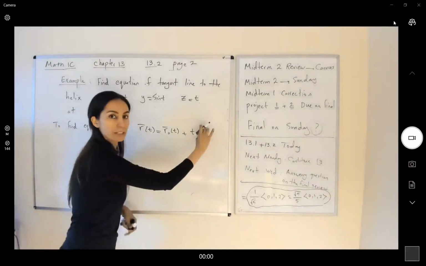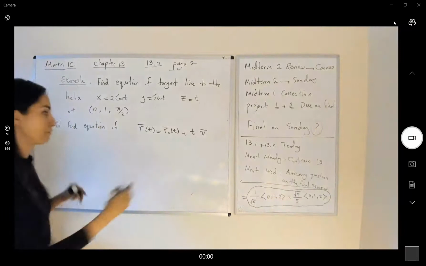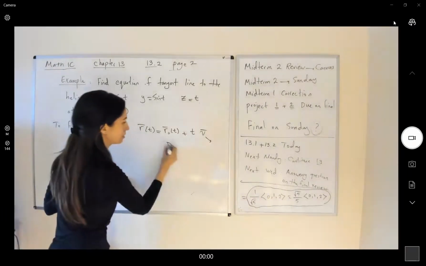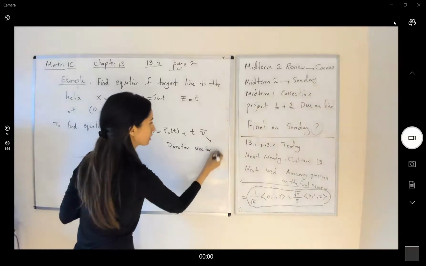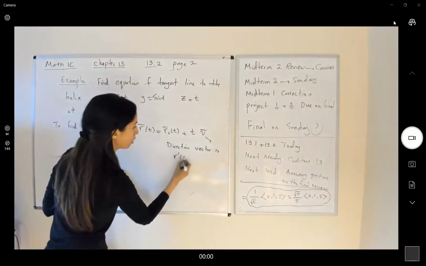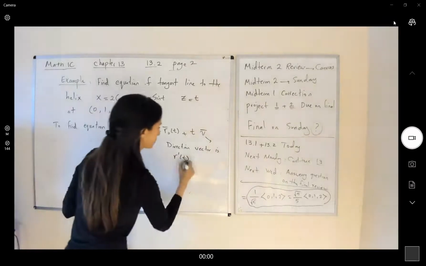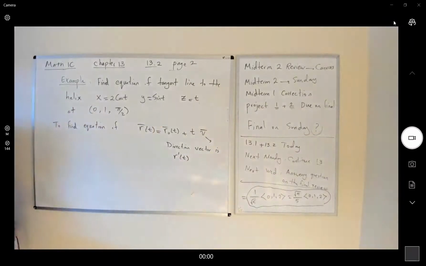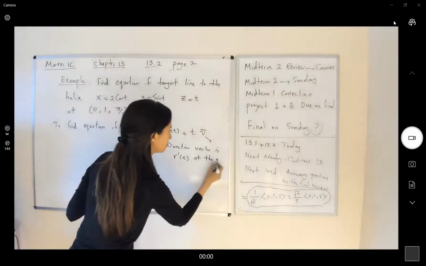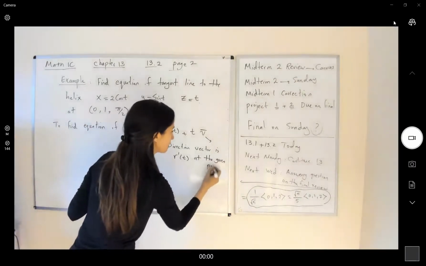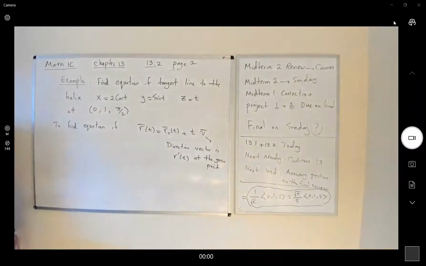This directional vector is your tangent vector. The direction vector is r prime of t. So at the given point, let's add all the details.